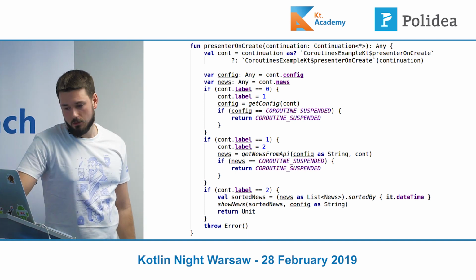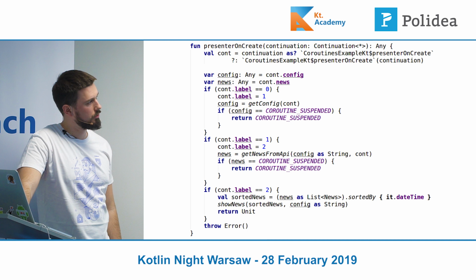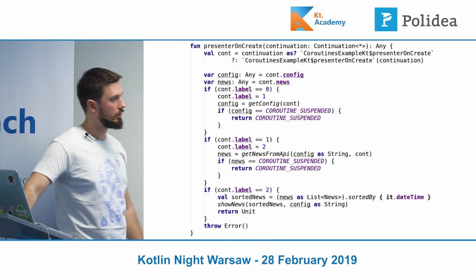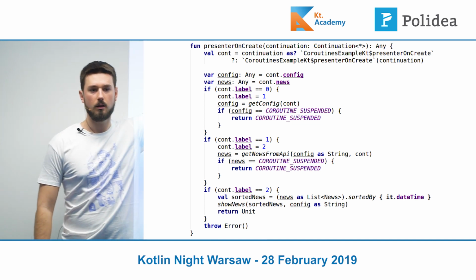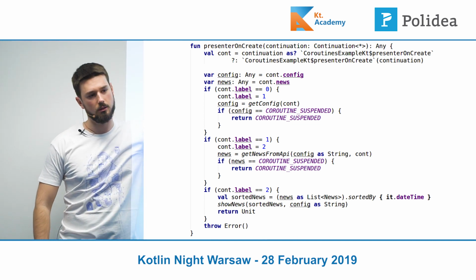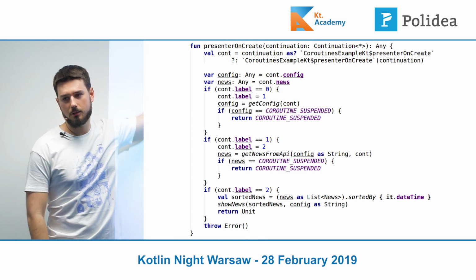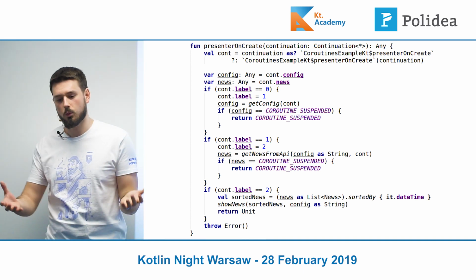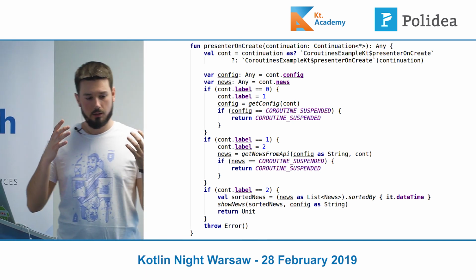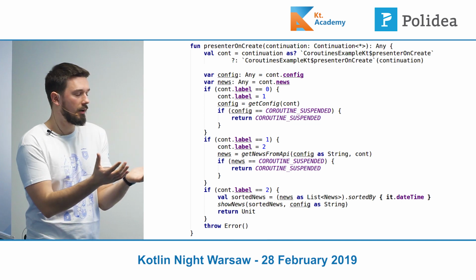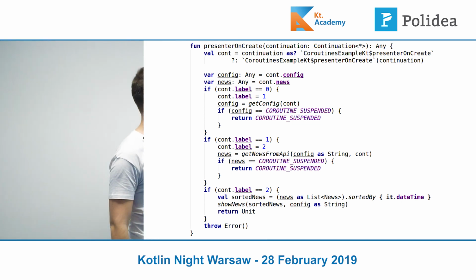So, looks like magic, but under the hood, what is there to be known is that everything is held in these continuations. All the state of our coroutine is in these continuations. It has some properties. And it means that if we wanted to serialize this continuation, we would have to serialize these properties as well.